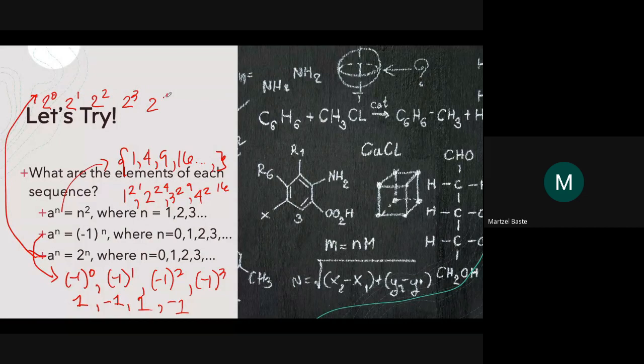Then 2 raised to 4, etc. So any number raised to the power of 0 is 1. And then 2 raised to the power of 1 is obviously 2. 2 raised to the power of 2 is 4. 2 raised to the power of 3 is actually 8. Tama? Okay, 2 times 2, 4 times 2, 8.